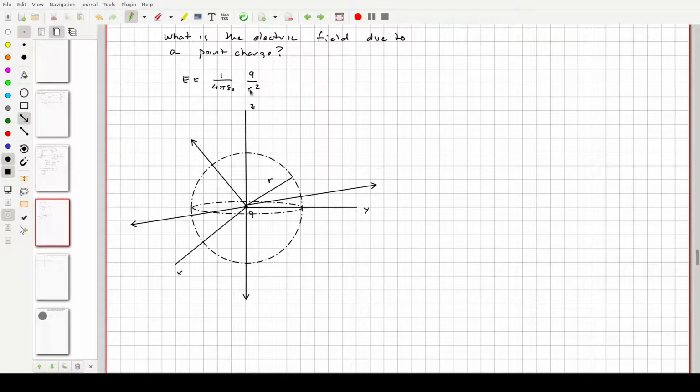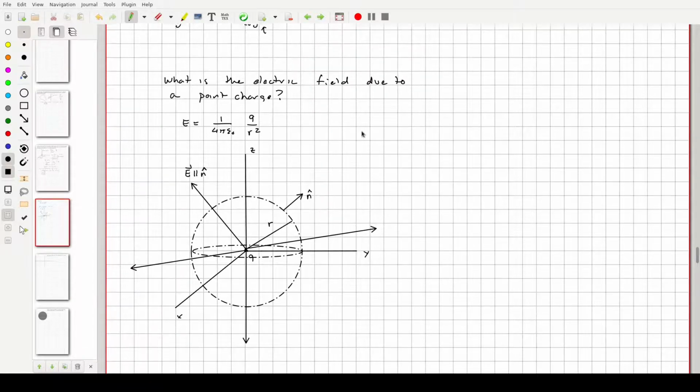There's nothing else here that can change. I also know that my surface has a surface normal that points out, and for a sphere, out is radially outwards. So the direction of my electric field is going to be in the same direction as my surface normal.